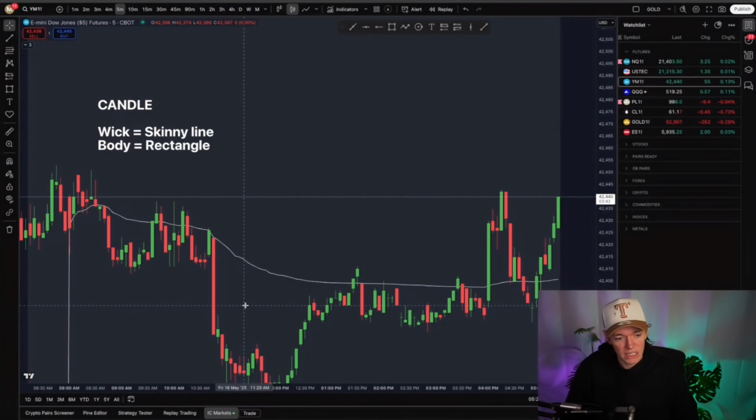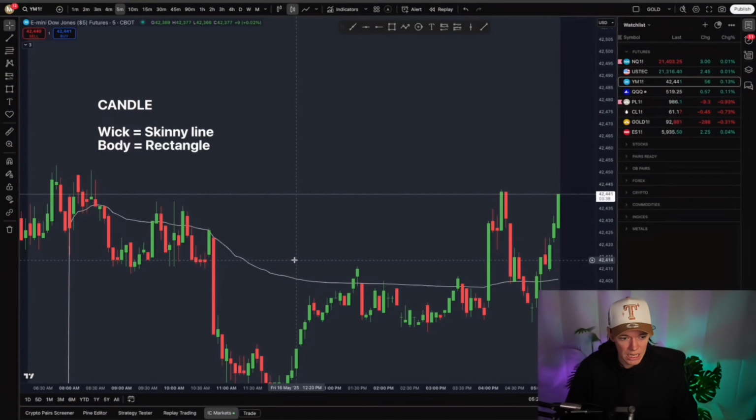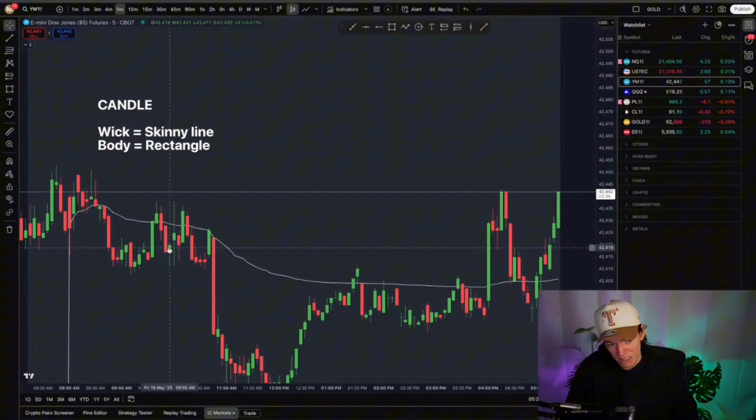Now, when you're looking at these candles, some things to note is that whenever you see wicks, that is communicating to us that price at some point went all the way down to this level here, but then it got pushed right back up and closed up here. Now, we're going to talk about candle closures and opens very soon, just after this.